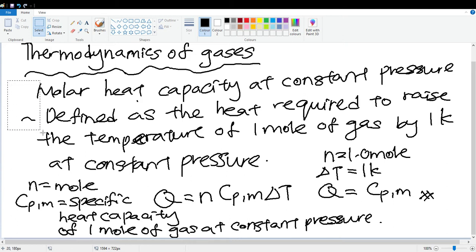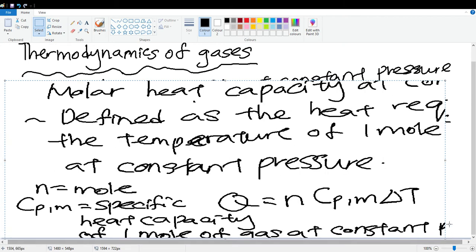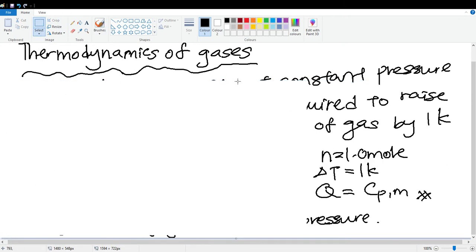Just now we missed the formula for molar heat capacity at constant volume, so let's go through it.